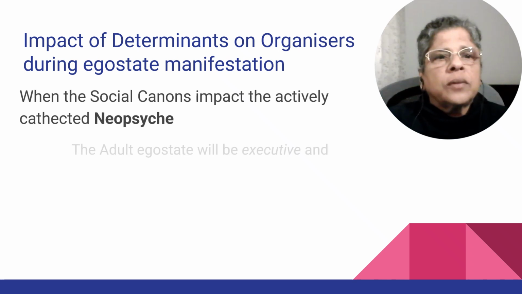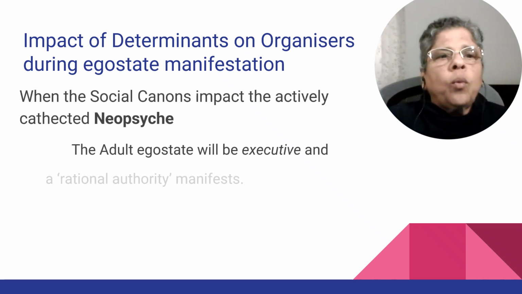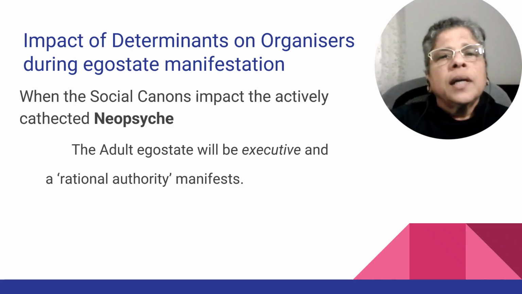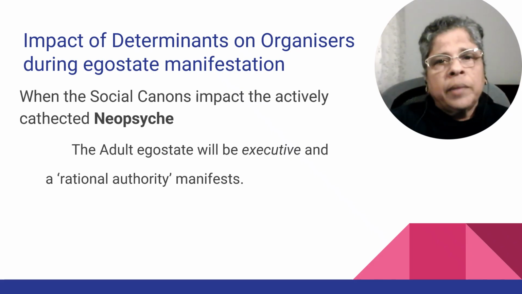This slide is trying to demonstrate what happens when the social canons impact the actively cathected neopsyche. There are multiple influences I said earlier, but I am just using two examples to see how the difference in the manifested personality will be.